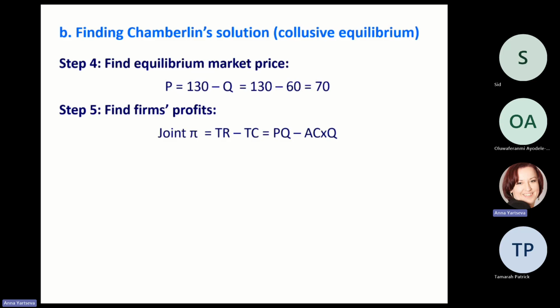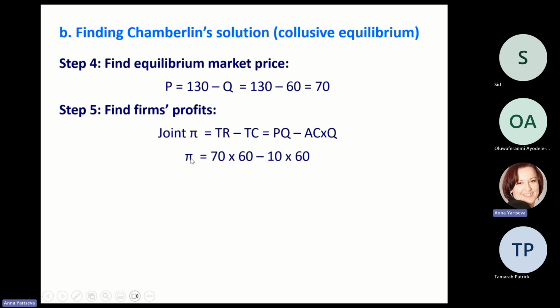And each firm will make higher profit because it's a monopolistic profit right now. Profit is calculated from the profit expression, total revenue minus total cost, right? So it's price times quantity minus average cost times quantity. Let's plug these numbers in. Our price, which we've just calculated, is 70 pounds. Our quantity, which we've calculated on the previous slide, is 60 units for the industry.